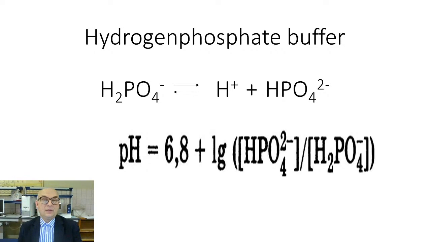And again, if our pH is about 7 and something, the value of the logarithm is about 0.5 and everything else. And again, we have excess of buffer base comparatively to buffer acid.